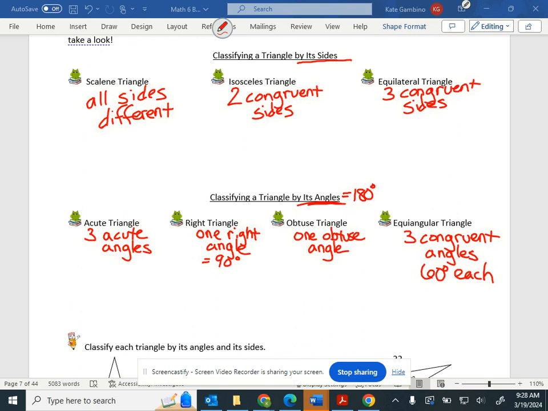Make sure you have written down the difference, which is the angles and which are the sides. And when it comes time for the test, take the time to check that you are doing it correctly. Every year I have kids writing down the wrong names. They're not wrong in that, oh, it's an acute triangle, but if it was asking for sides, it does not work.